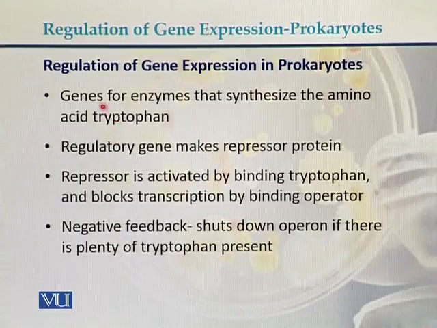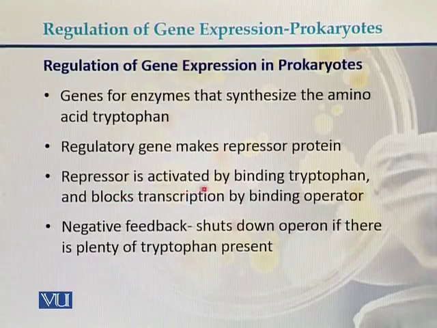They usually have genes for enzymes. An example is tryptophan synthesis, with genes for enzymes that synthesize the amino acid tryptophan. There are separate regulatory genes that make the repressor protein, which controls the expression of the genes in tryptophan synthesis.